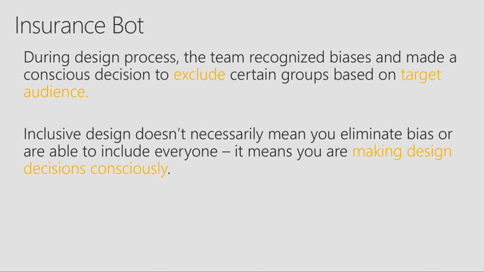And I thought this was important to pull in so that people don't think inclusive design has to be everyone. It's really about recognizing your biases and designing purposefully and meaningfully around that, right? It doesn't mean you eliminate it. It just means that you recognize it and make it part of your design decisions. It's perfectly reasonable to exclude a demographic and not design for it if it's not the target audience.